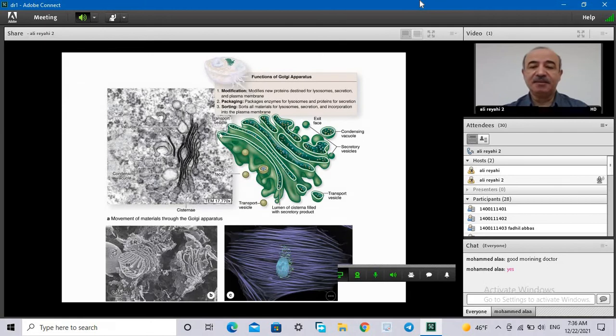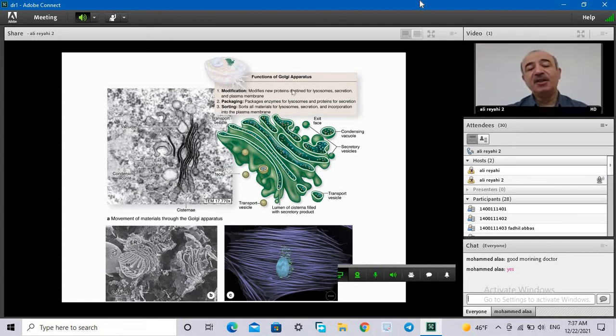Look at this picture again. This picture shows the schematic shape of the Golgi apparatus, and this is an electron photograph of the Golgi apparatus under the electron microscope. You can see the parallel cisterns and some vesicles located near these saccules.